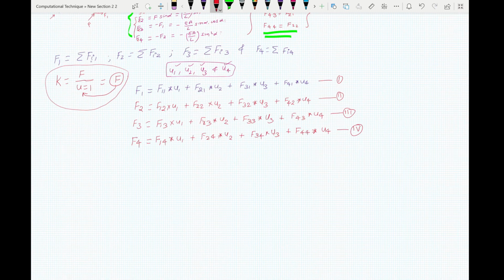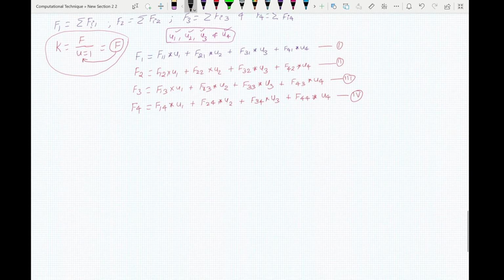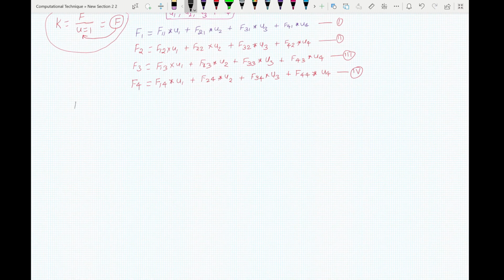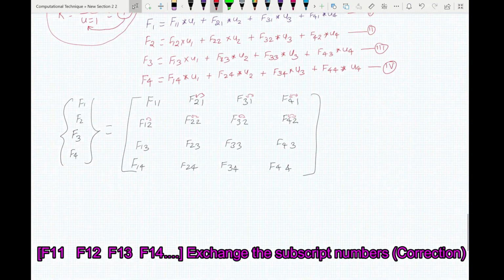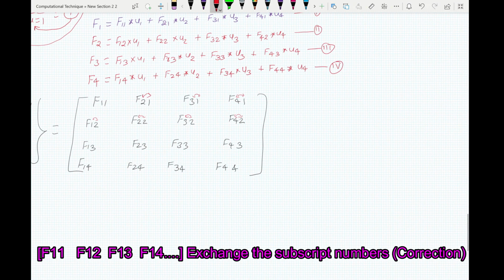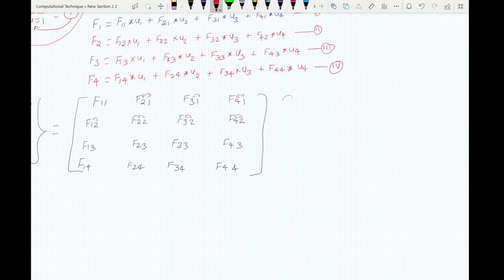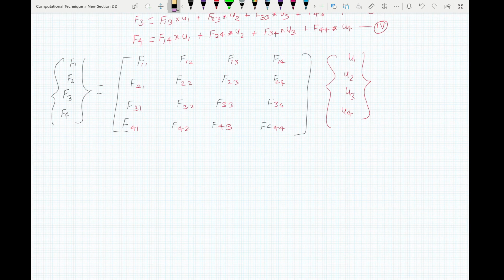Now you can write this in matrix form. You can exchange these so they form the elements of your matrix, and then you have your u1, u2, u3 and u4.